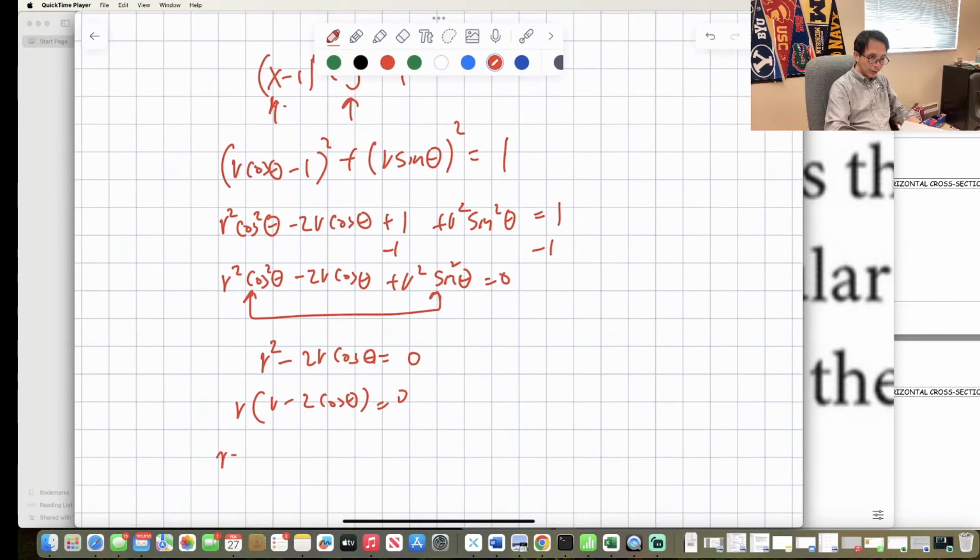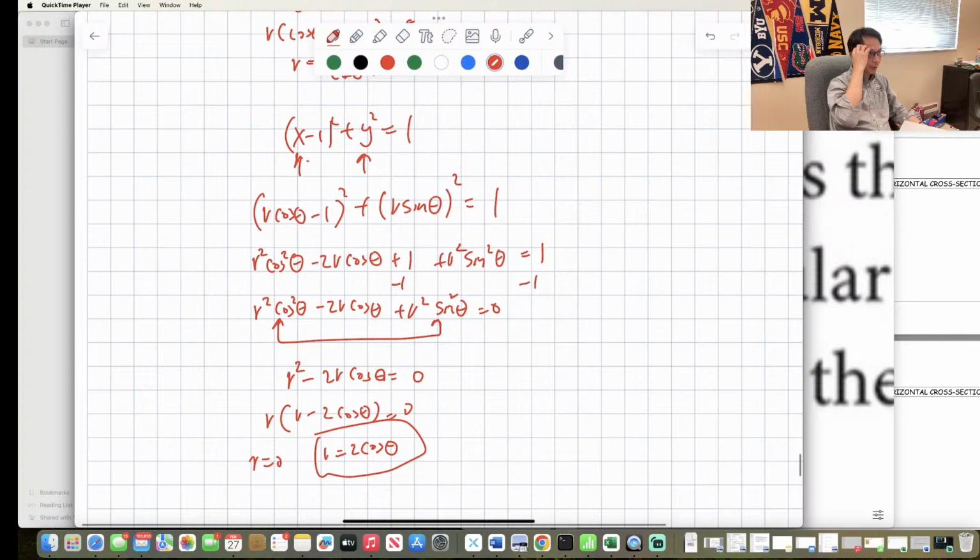So I get r equal to 0. This is not right. R equal to 2 cosine theta is the right one, because the other one does not represent the circle equation. That's r equal to 0, which is extraneous. R equal to 0 is just a single point and does not represent a circle.